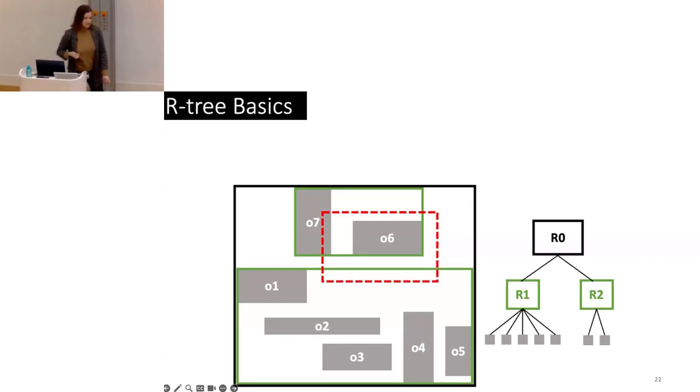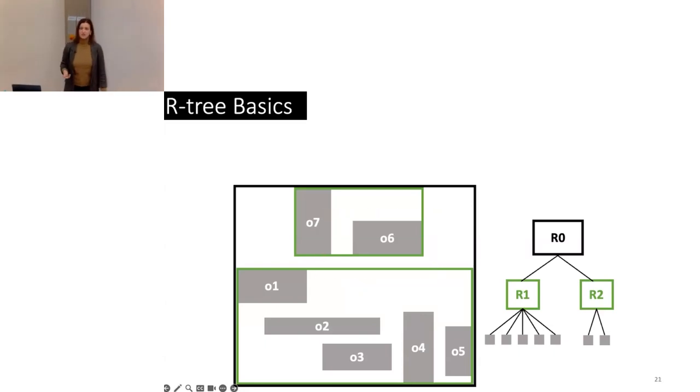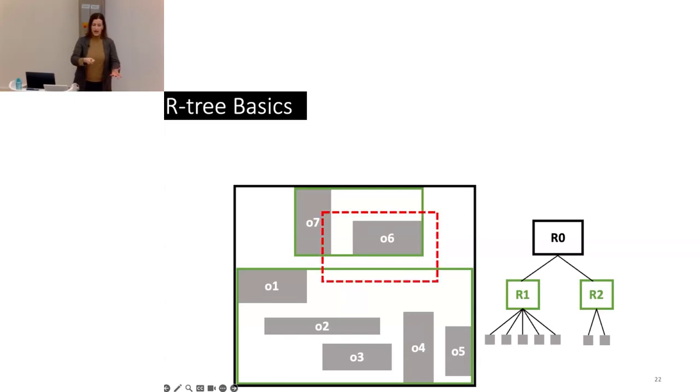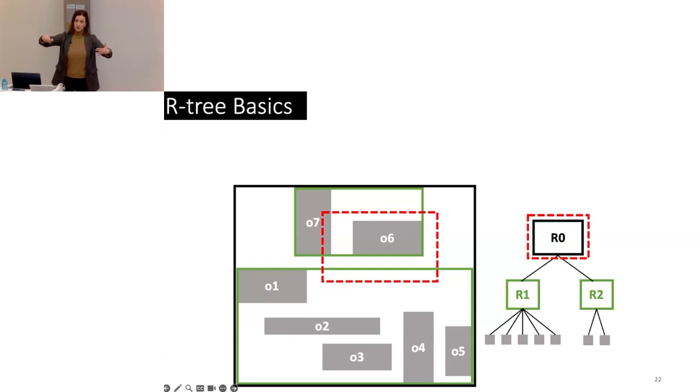Here we might think that, okay, this looks good, and if we had one-dimensional data, that would be quite good. But consider a spatial range query like the one you see here with the red dashed line. Again, this query says, let's find all the objects that intersect with a query region. When we evaluate it, we start from the root node of the index and check if it overlaps with our query range.